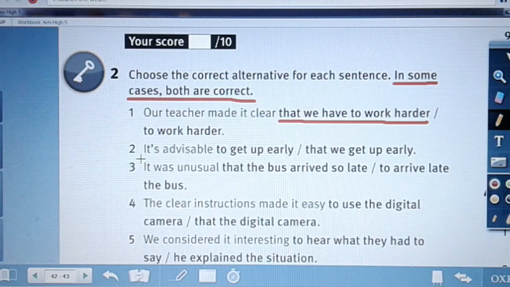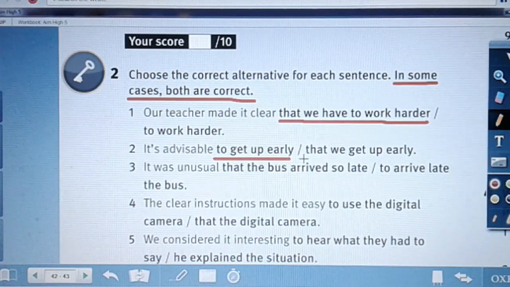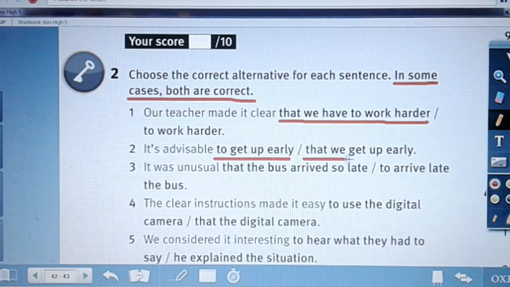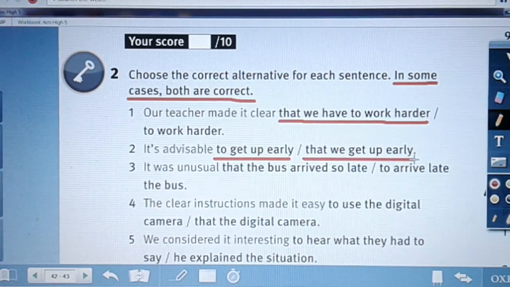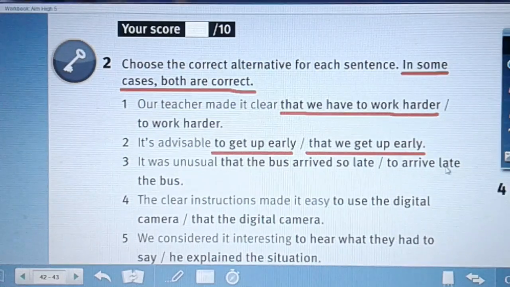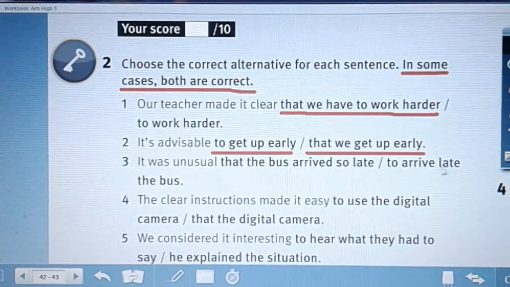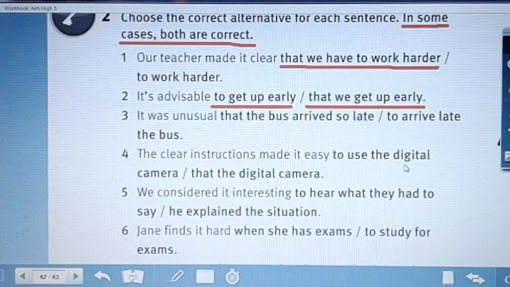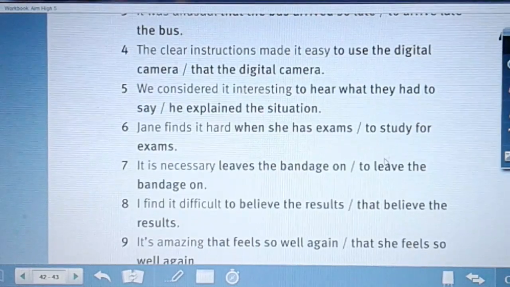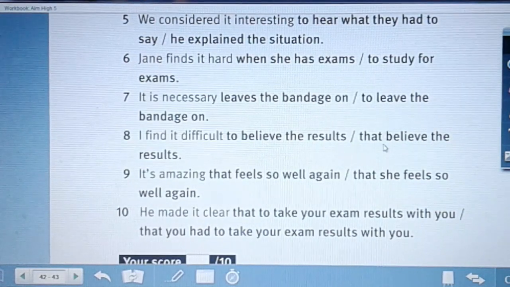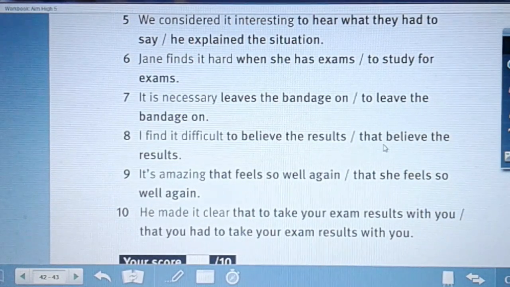So, it is correct if we use to get up early or to use that clause that we get up early. Both are accepted as the answers. Okay, now you need to answer number 3, 4, 5, 6, 7, 8, 9, and 10. Okay, underline the correct alternatives.